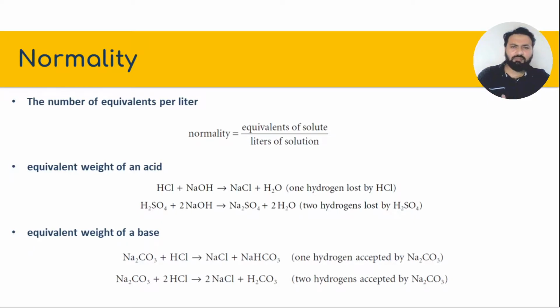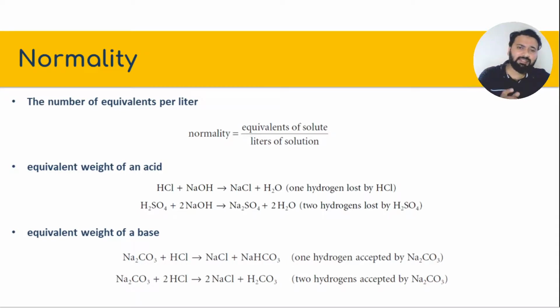However, there are a number of bases that do not have the OH. Then we have to consider the hydrogen accepted per formula. For example, sodium carbonate is capable of accepting either one or two hydrogens per formula. In this case, sodium carbonate is the base, and it is capable of accepting one hydrogen as well as two hydrogens.